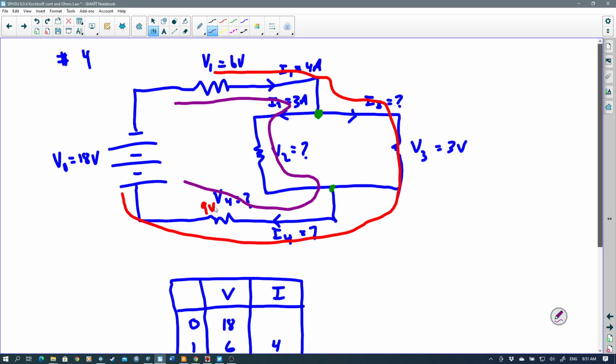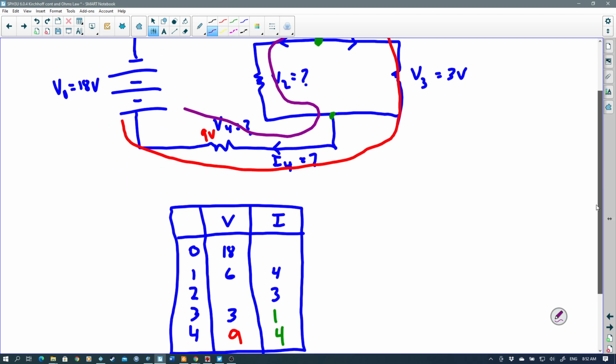That's a total of 15 volts out of the 18, so the V2 has to be 3. So there's a couple of ways of figuring out V2 here. You can just look at them as being parallel, and all parallel voltages will be the same. Or you can do the Kirchhoff's law to find out that that's going to be 3 volts as well for voltage 2.